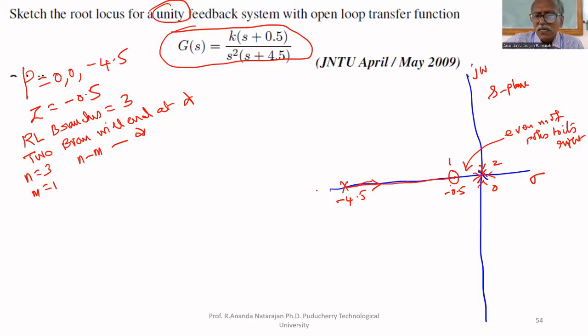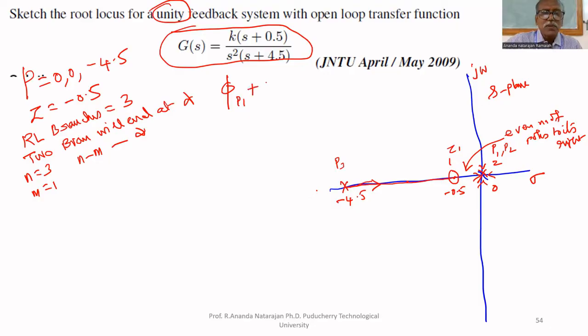What is the net angle contributed by all other poles to this? Let these 2 poles be P1, P2. This is P3. This is Z1. We cannot take 1, we have to take 2. So the angle of departure from P1 plus P2, because both are at the same point.